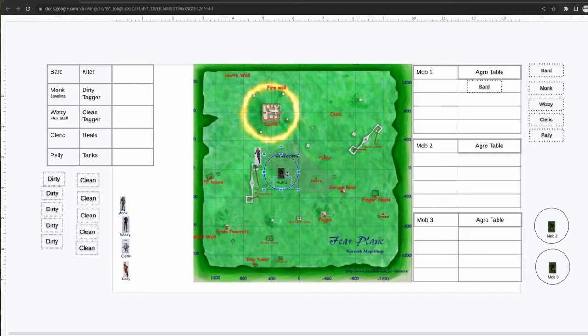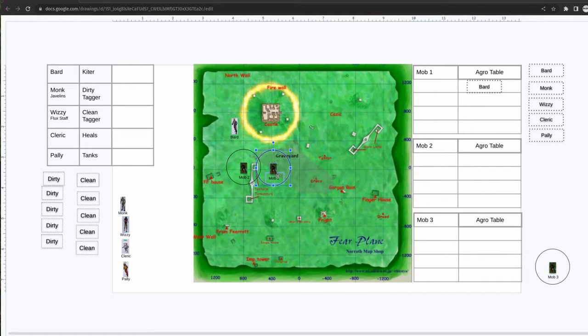Now we're going to talk about another common game mechanic that most people know, assisting. Say the Bard is kiting around the firewall here. He is on the aggro table of mob 1. Mob 1 is chasing. Mob 1 runs into the aggro radius of mob 2.